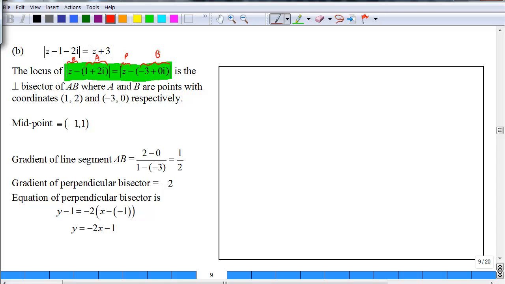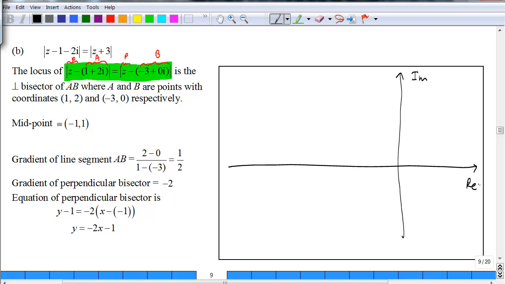Right, so let's start to draw. So we have the imaginary axis and the real axis. Point A is 1, 2.